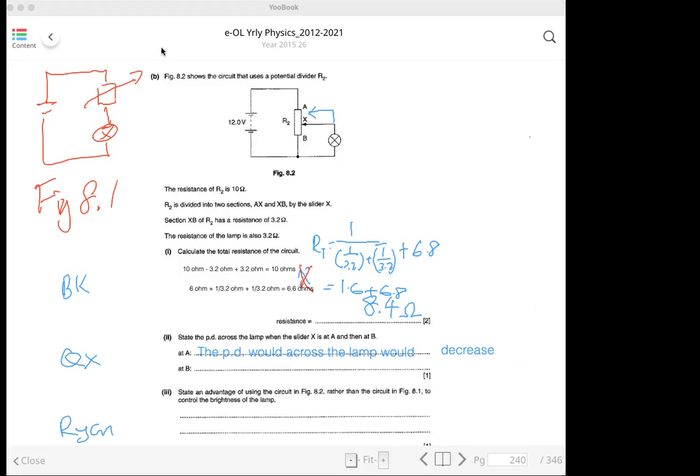So give a value. What would be the PD? Okay, when at A, it will look something like this.